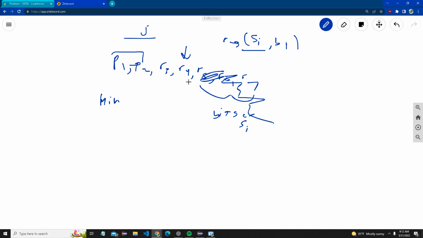If you go to person four, and person three has a different height than you, then that's fine, we just reference the prefix minimum from 1 to I minus 1. But if they had the same height as you, then we don't want to reference that. So wherever the pointer was kept last, that's where we're going to reference.